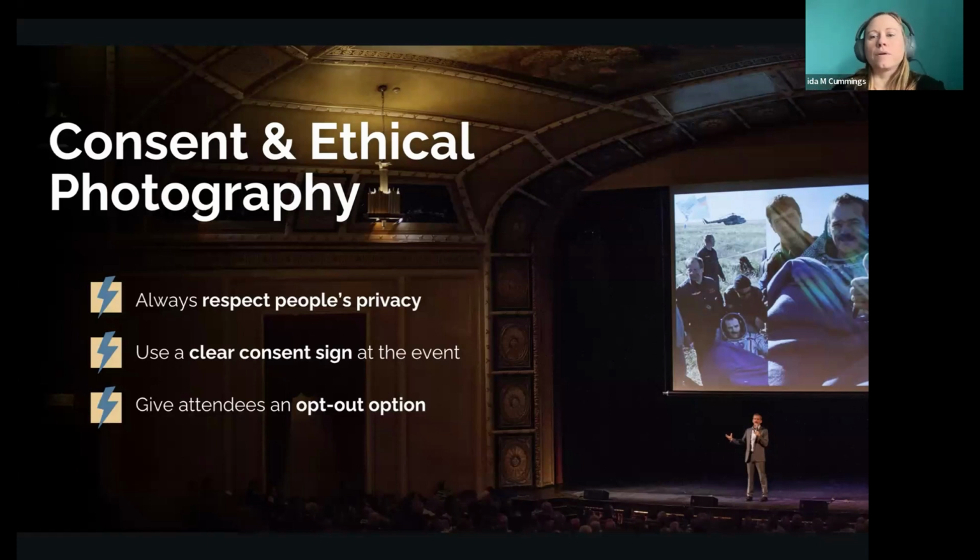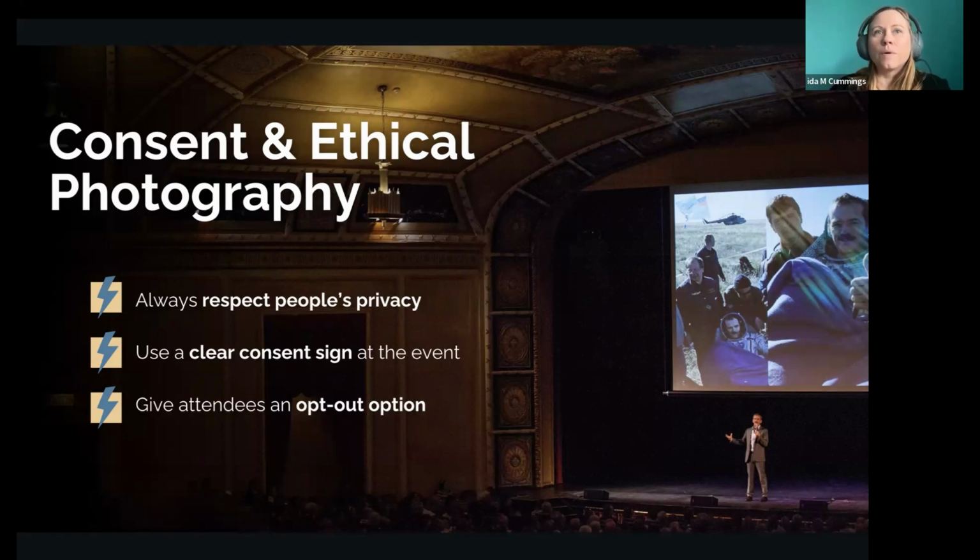When you're taking photos at an event, you can just start taking photos if everyone's aware, but it's really good to have a sign or something that says that you're going to have event photography at the location. Most people will be okay with it, but some people, for privacy, especially if it's kids in foster care or kids that are going through divorce, probably don't want photos of them online because that could be used against them.